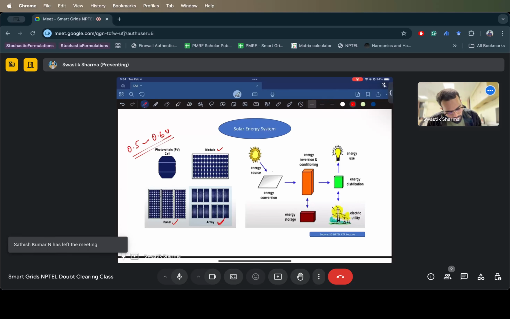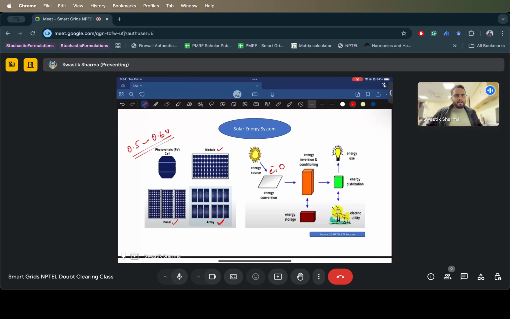When it falls onto the PV cell, it creates electron and hole pairs. You all know what electron hole pairs are, right? So it forms electron hole pairs.